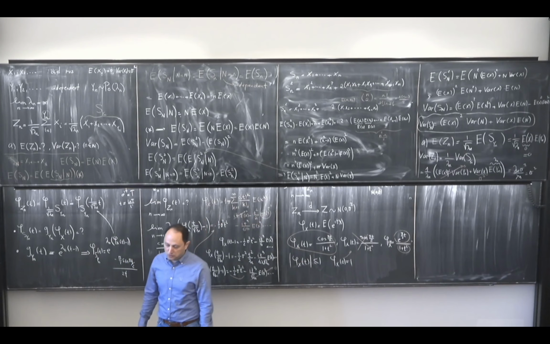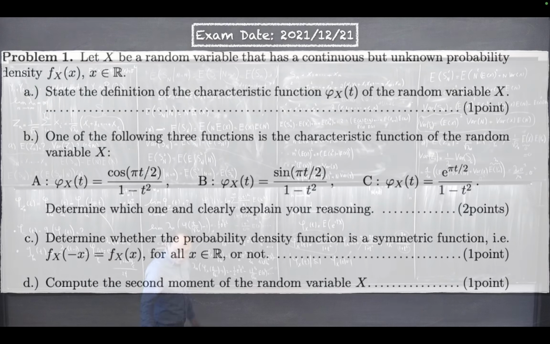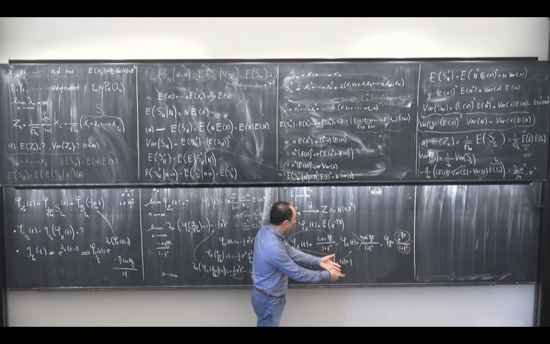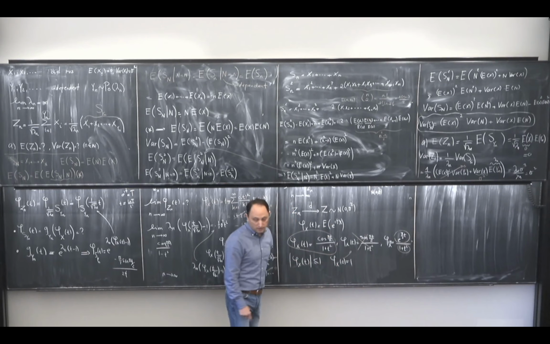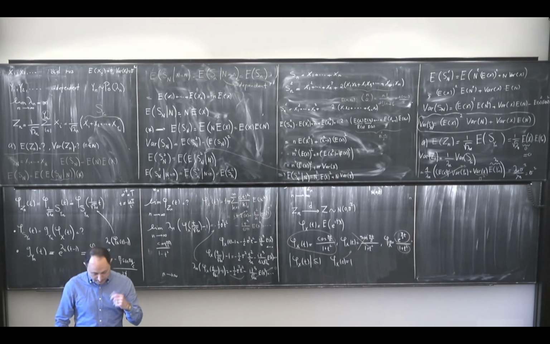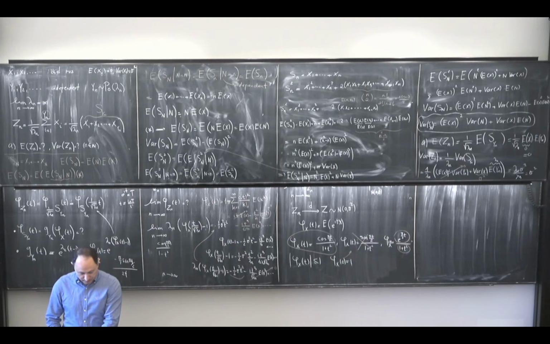The answer to this is correct, because in general the characteristic function is a complex number, but sometimes it turns out to be real. In that case, we know that the probability density function is symmetric.